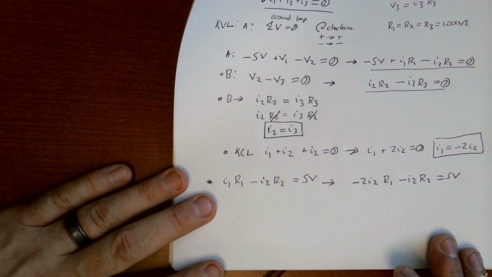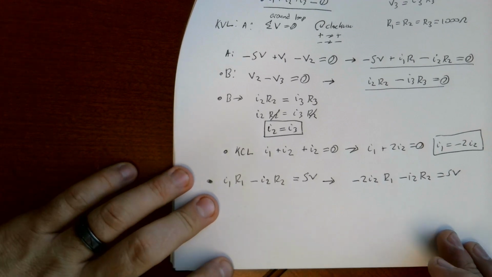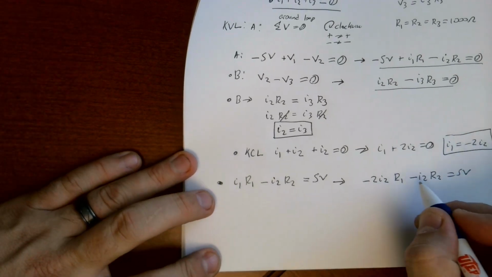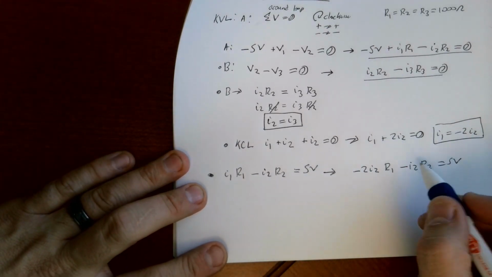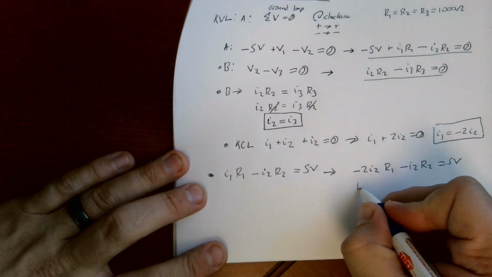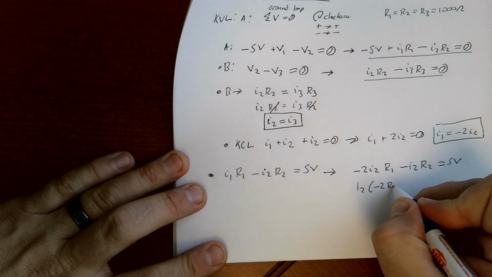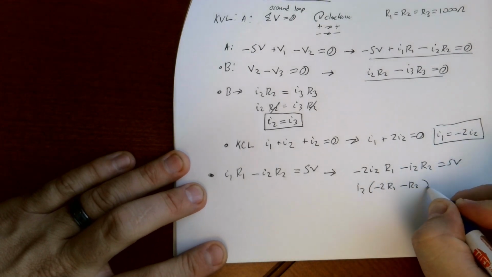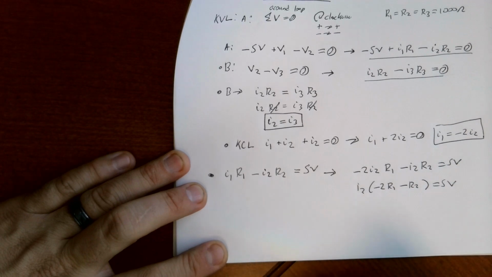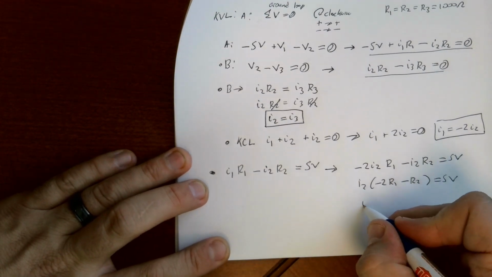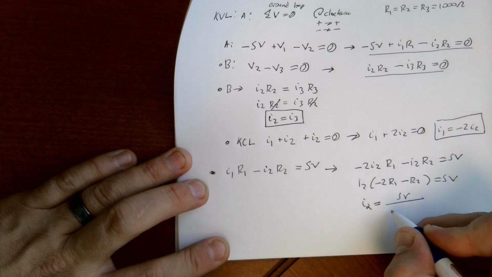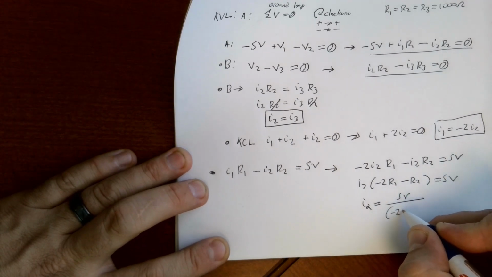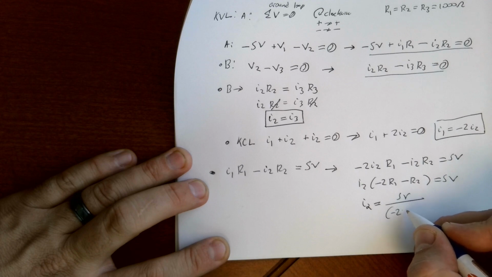Hopefully that's making sense. Now we can factor and pull out the I2, so I2 times minus 2R1 minus R2 is equal to 5 volts. Then I2 is equal to 5 volts over minus 2R1 minus R2.